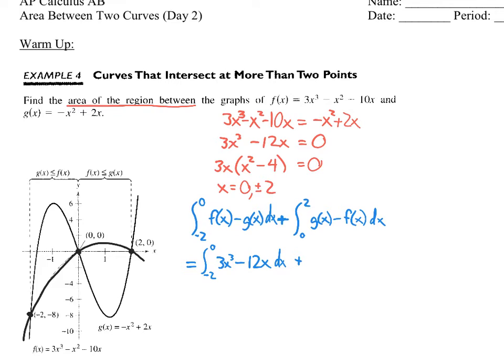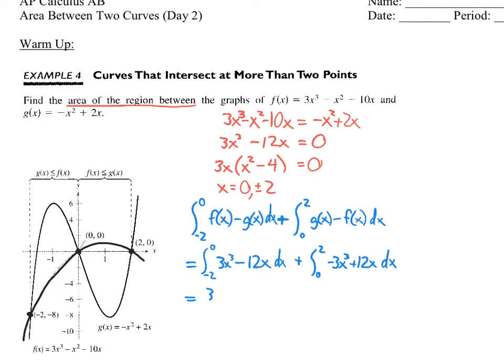Now, the other thing, guys, think about this. When I do g of x minus f of x, I'm just going to get the opposite thing, so don't think too hard here. It's going to be a negative 3x cubed plus 12x. So it's not too hard to do both integrals. Now we actually will integrate.